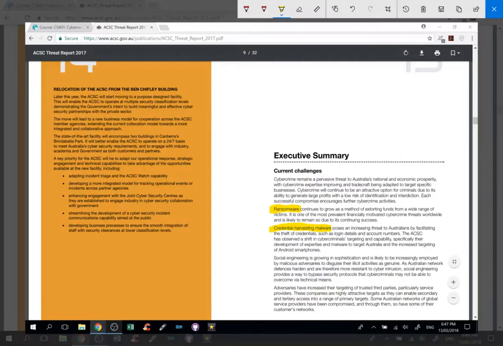This report particularly highlights the increasing skillfulness of cyber criminals in creating this credential harvesting malware, and the need for a unified approach between banks and transaction agents to try and prevent this kind of fraud.